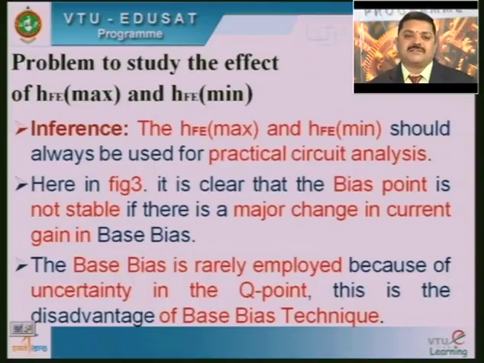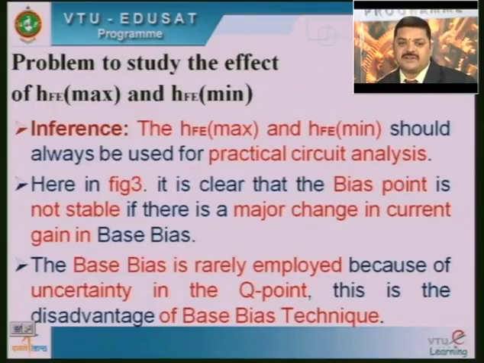We have taken 50, 100 and 200 values, and if there is a major change from 50 to 100, 100 to 200, then the bias point is not stable. That is the inference out of this discussion.